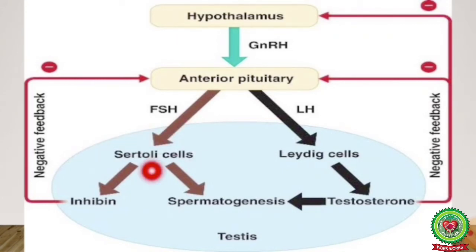Sertoli cells help in the development of sperm and in the process of spermiogenesis, and Sertoli cells also produce inhibin, which gives negative feedback to the anterior pituitary. Both testosterone and inhibin give negative feedback to the anterior pituitary for the secretion of FSH and LH. A high level of testosterone also suppresses the hypothalamus for the release of gonadotropin releasing hormone.